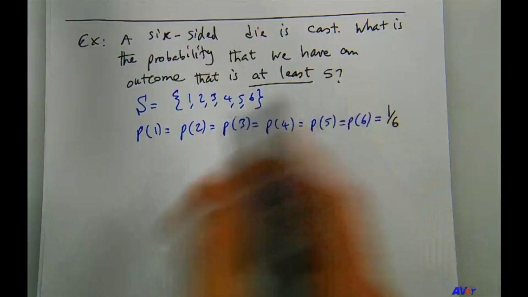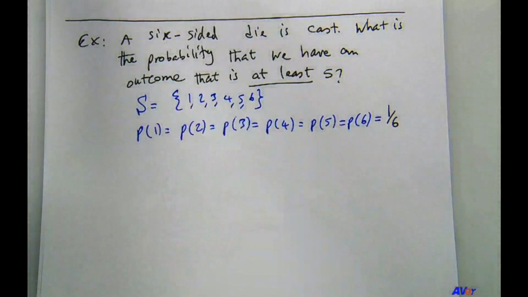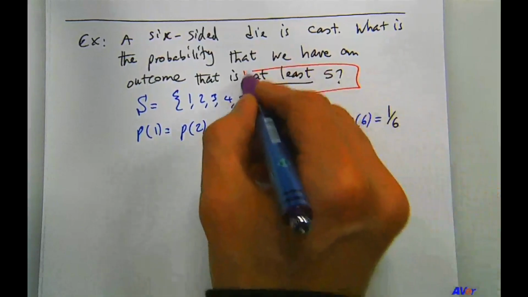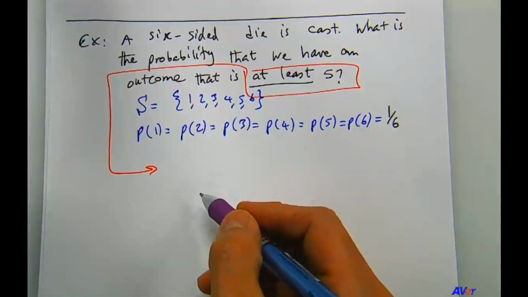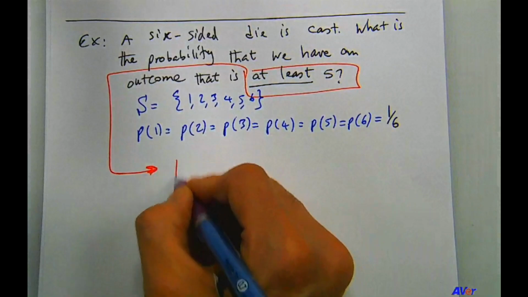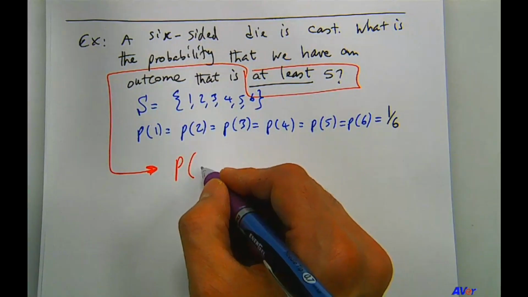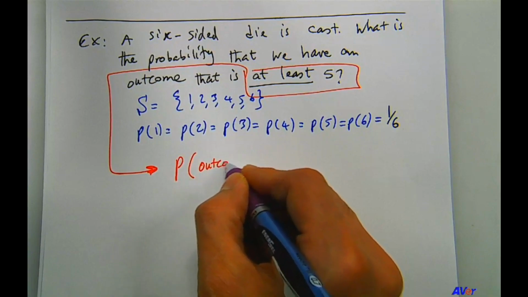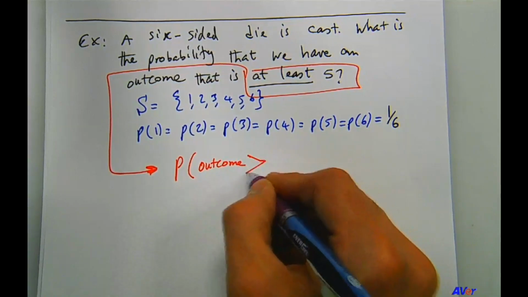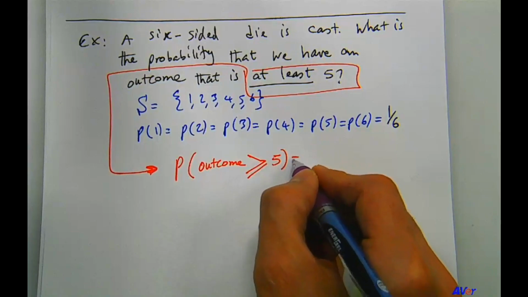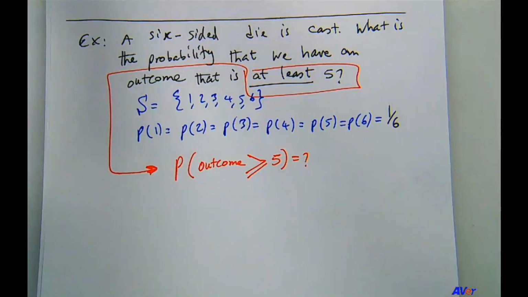So at least 5, let's translate that to symbolic form. So that'll be probability that the outcome is at least 5, so greater than or equal to 5. That's what the question is, right?